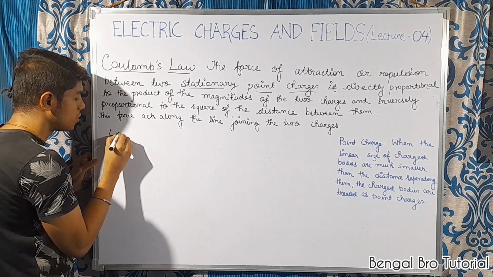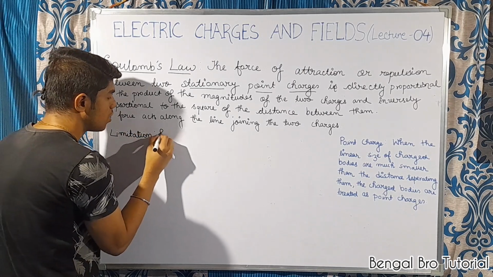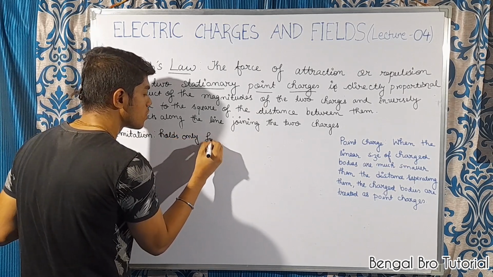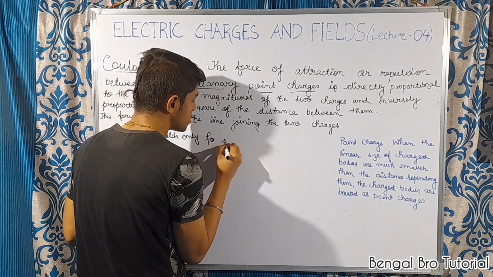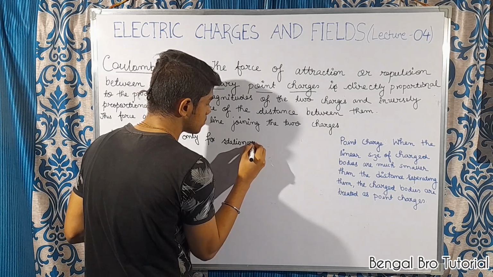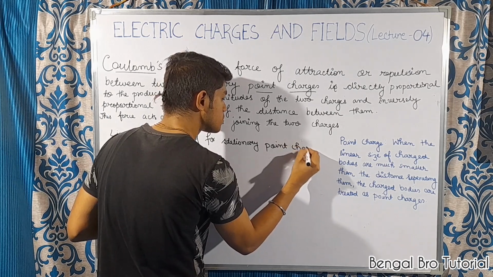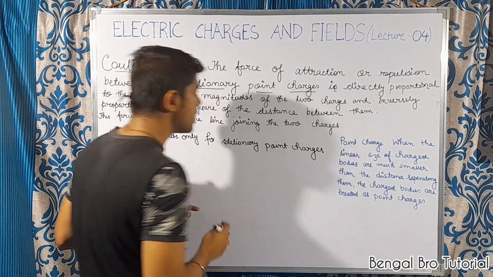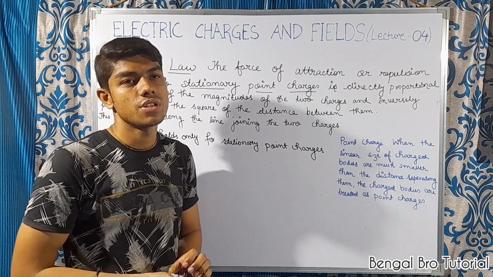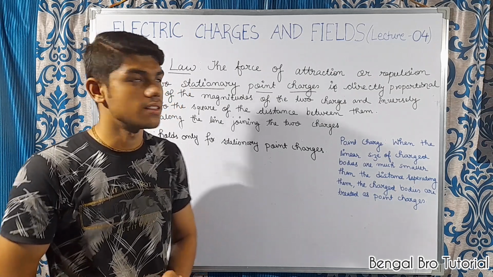It holds only for stationary point charges, which means that the charged bodies have to be at rest, as well as the distance of separation between the charged bodies has to be very large compared to their linear sizes.